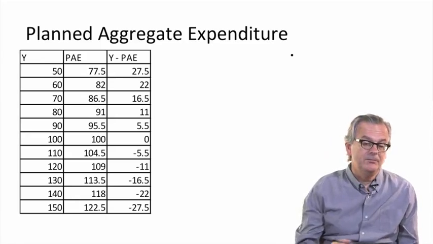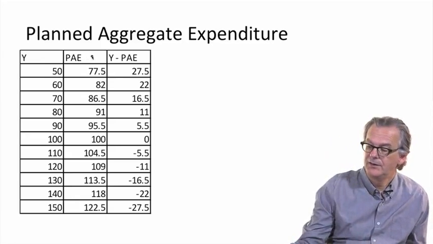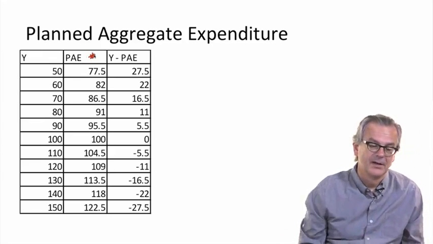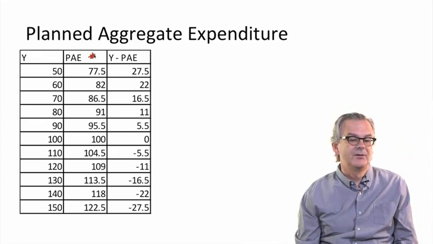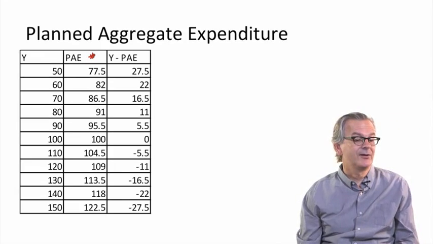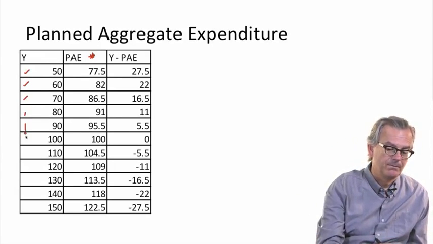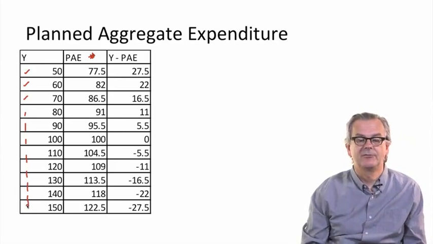In the second column, I've taken the information from the previous table and constructed measures of planned aggregate expenditure that correspond to each of these income flows.